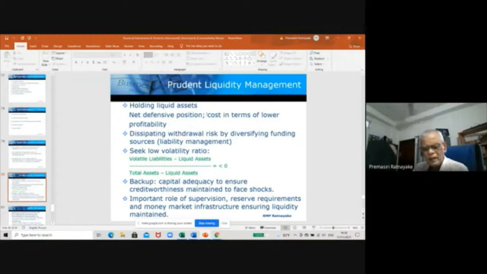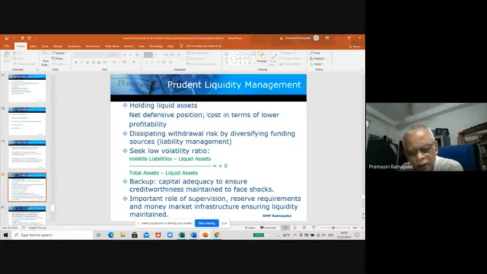Dissipating withdrawal risk by diversifying funding sources, liability management. On the management of the depositors or the liabilities, the withdrawal risk can be mitigated by diversifying funding sources, by diversifying the liabilities base from, say, children's savings accounts to young adults' savings accounts to elders' savings accounts, senior citizens' savings accounts.